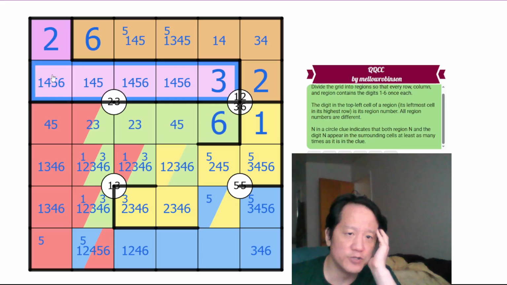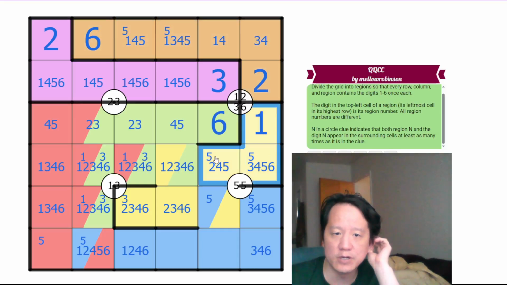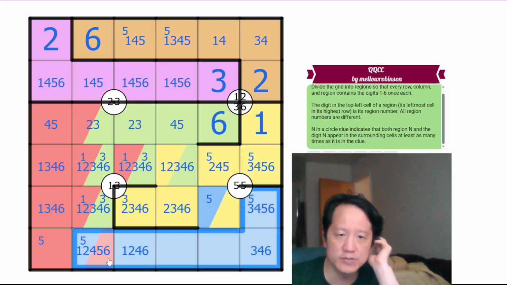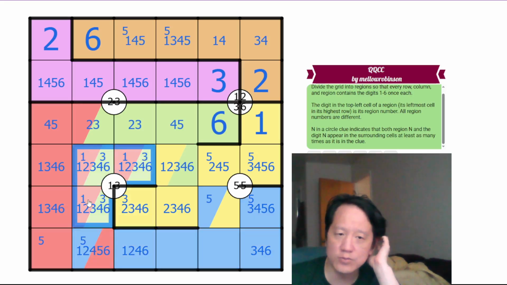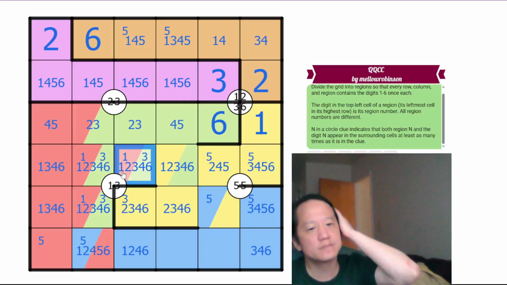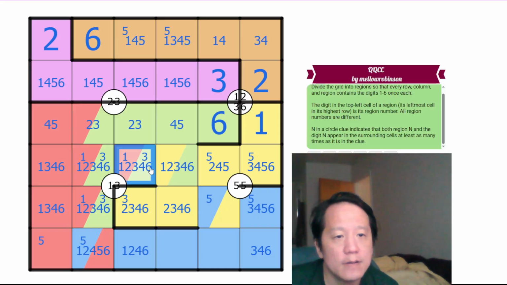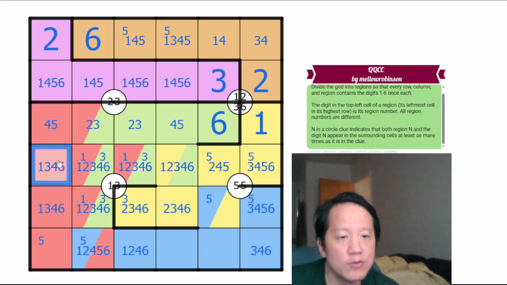So this we have region 2, so in this we definitely have region 3 in it. This we have region 6, region 1. Region 5 is here. Region 1 is here. Region 3 is one of these three. The red definitely has a 3 in it.